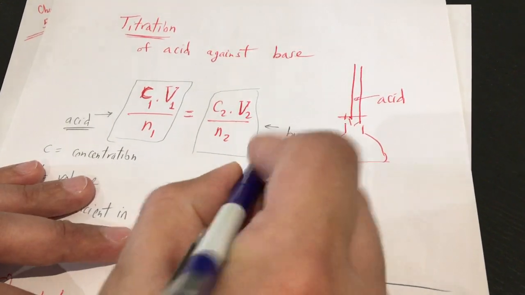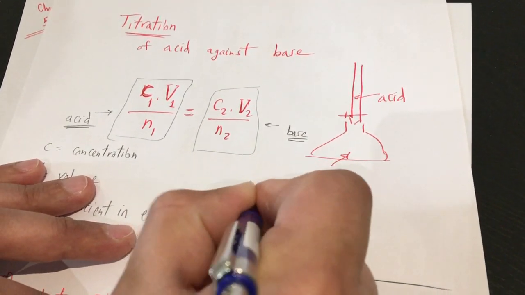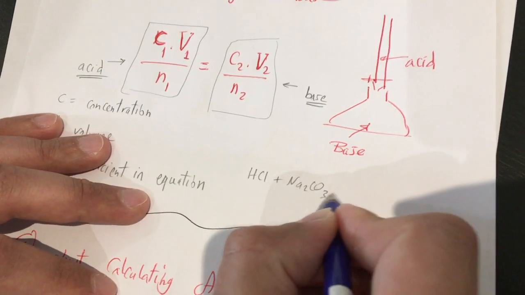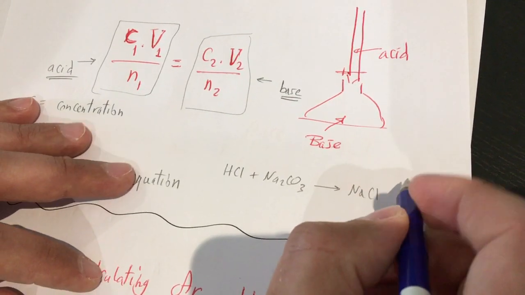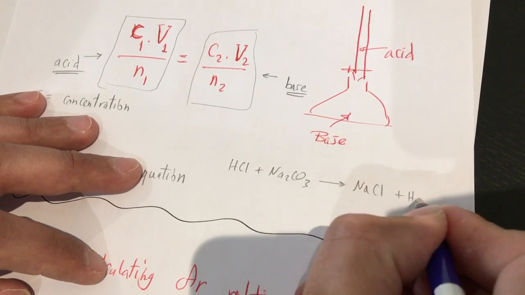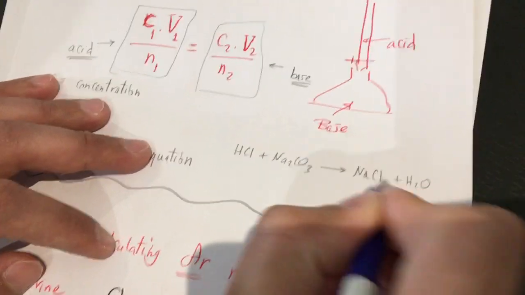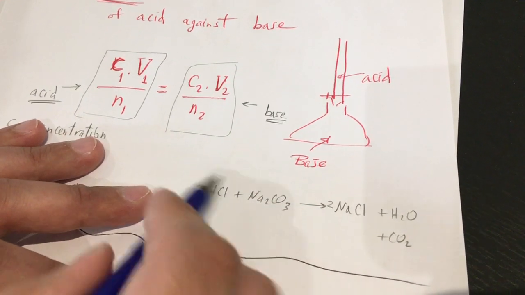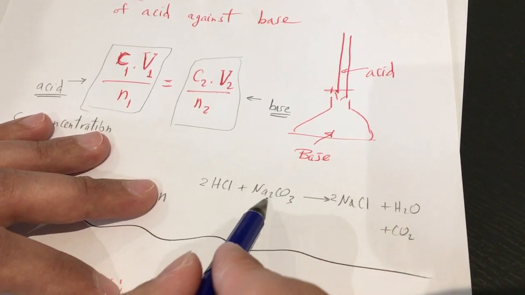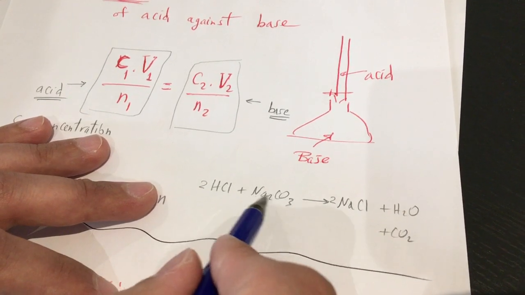For example, if you have HCl reacts with sodium carbonate, they react together to make sodium chloride, water, and carbon dioxide. Here, when you balance this equation, you put 2 here, and you put 2 here. So you have 2 hydrogen, carbonate the same, and 2 sodium.